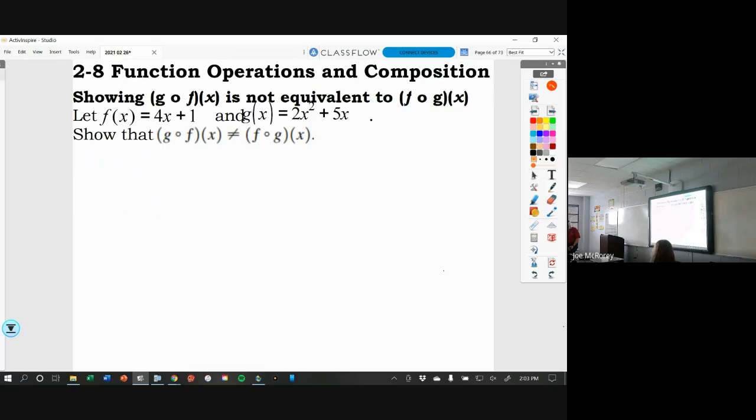We're going to show that g of f of x is not equal to f of g of x. I've got two functions, f of x is 4x plus 1, and g of x is 2x squared plus 5x.